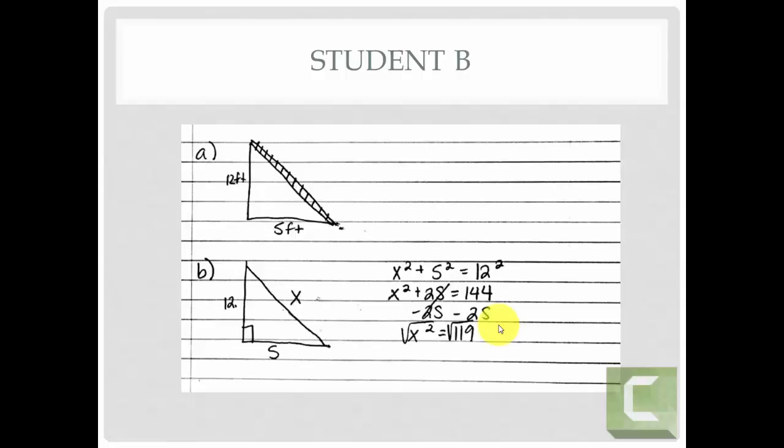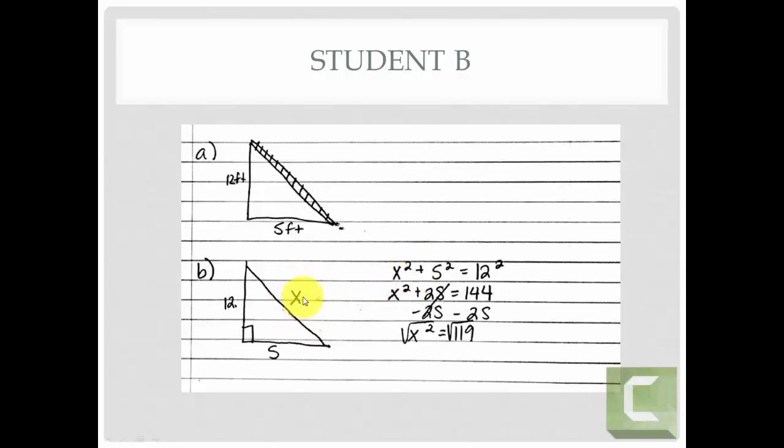Student B. Student B set up their problem correctly, that it's 12 feet up the wall and 5 feet away from the base. They set up their problem correctly down here. And they did recognize that they needed to use the Pythagorean theorem, but they wrote the equation incorrectly.